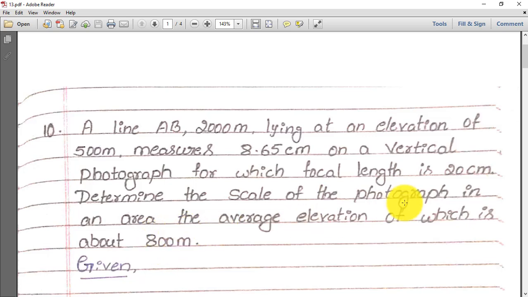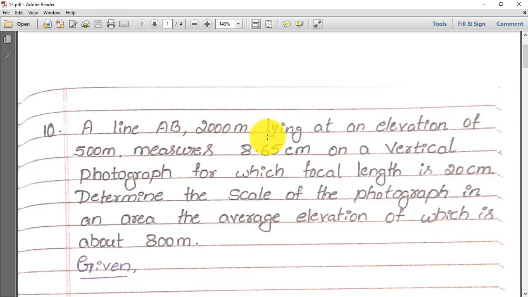One ground point has an average elevation of 800 meter, another ground point has an elevation of 500 meter. So the same aircraft is flying over this area also, this area also. Now we need to determine the scale of the photograph.